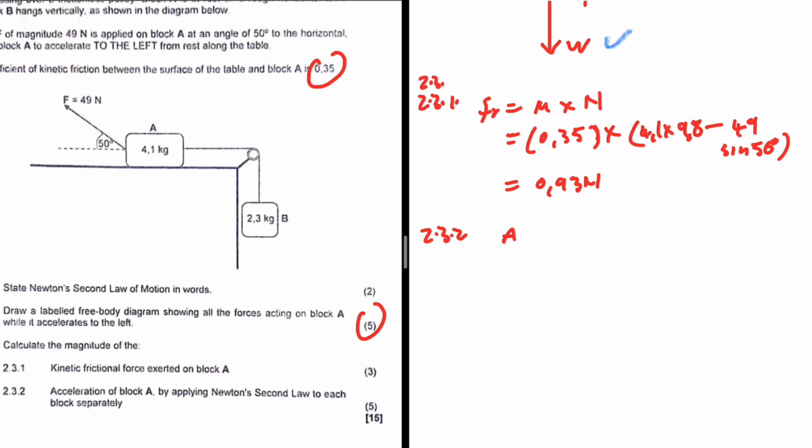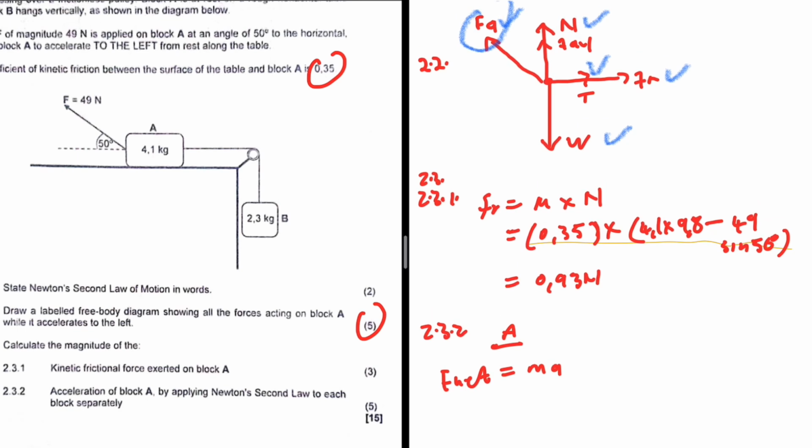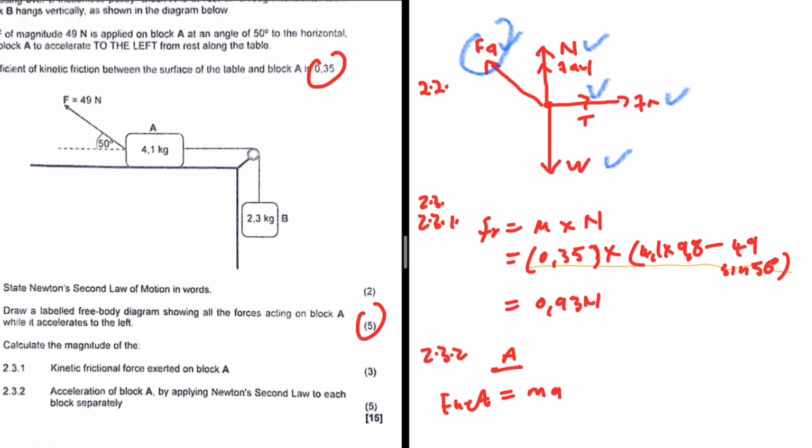Block A. Let's apply Newton's second law and see how it goes. So we're going to have F net equals ma. Well, the force that is pulling the object minus all the forces that are opposing. That is how I usually say it. So the force that is pulling the object here is the x component of the force applied, Fax.